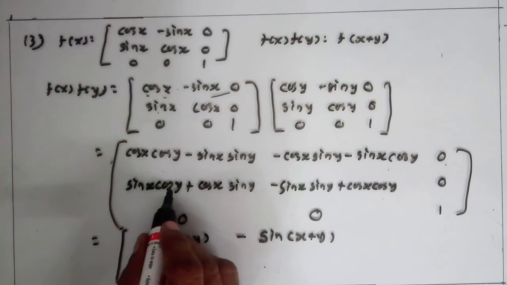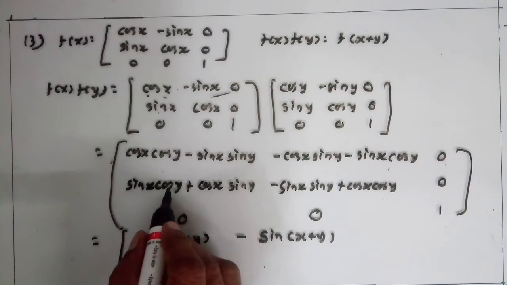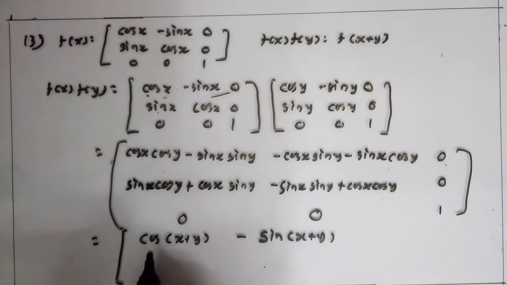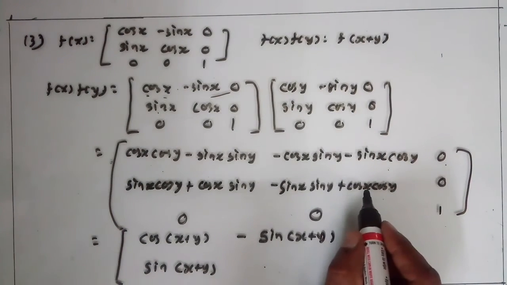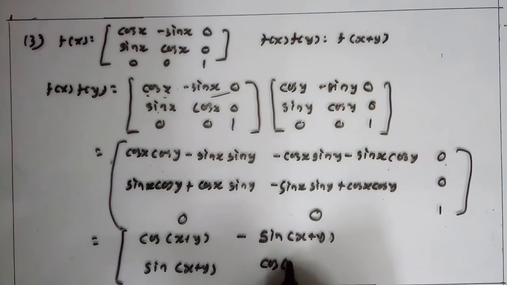Similarly, sin x cos y plus cos x sin y is equal to sin(x+y), and cos x cos y minus sin x sin y becomes cos(x+y). Clear?